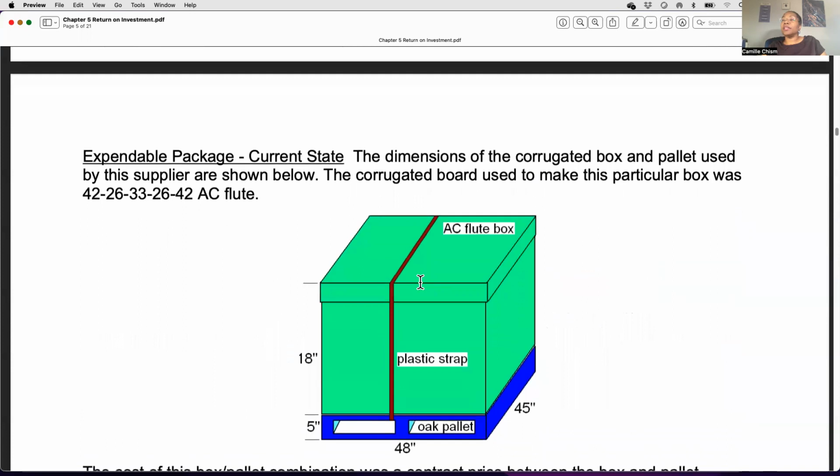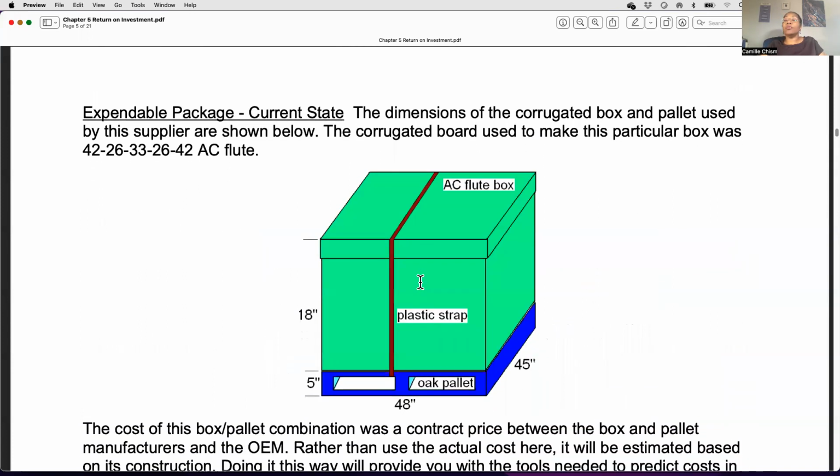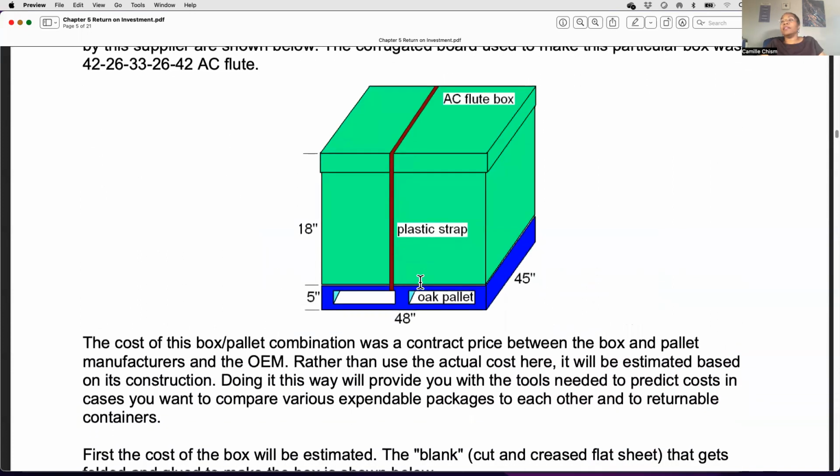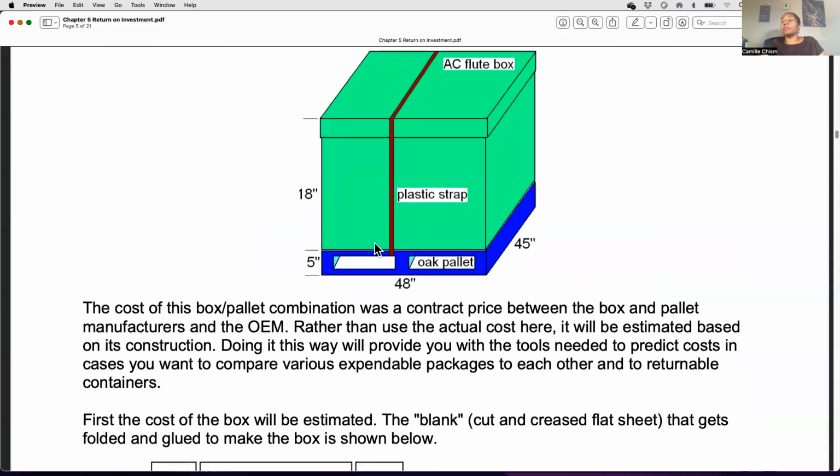But again, they're seeing damage. So the OEM, who is negotiating these prices, knows what the cost of this box and pallet is, and they've contracted it, they still are saying it's not acceptable. We want a returnable pack, something else.